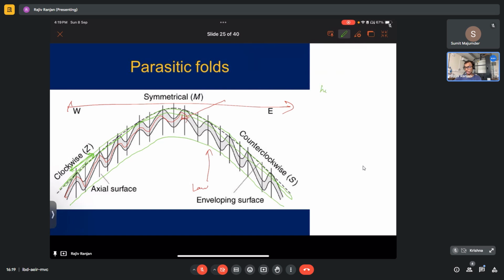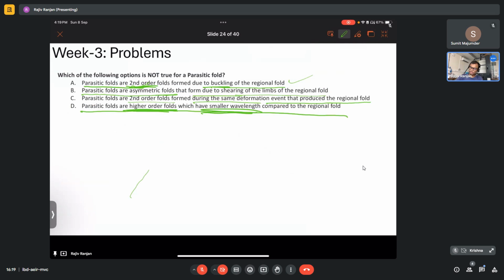So the higher the order of fold, the lower the wavelength and amplitude, and vice versa.